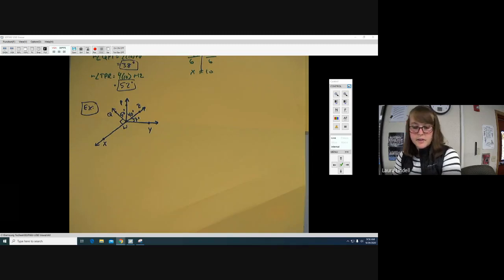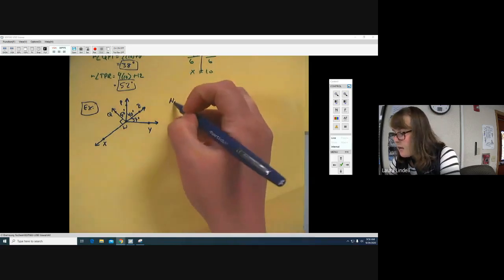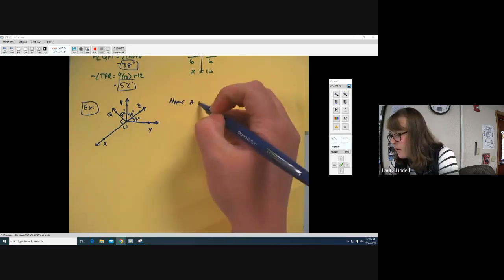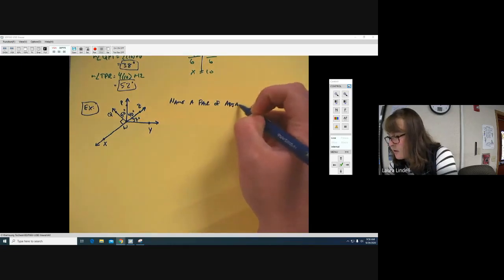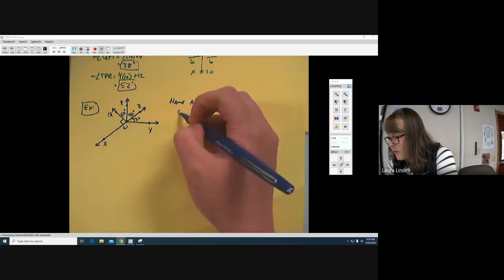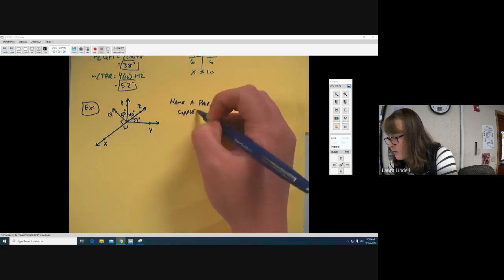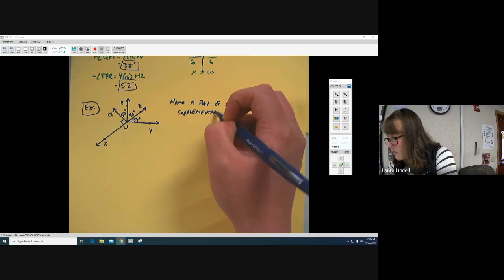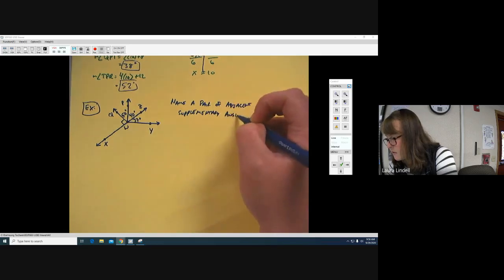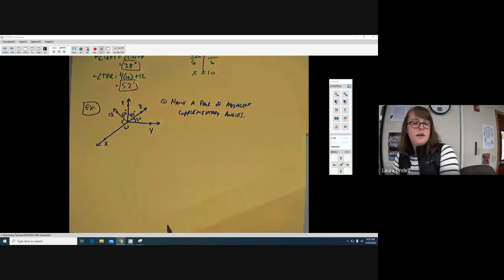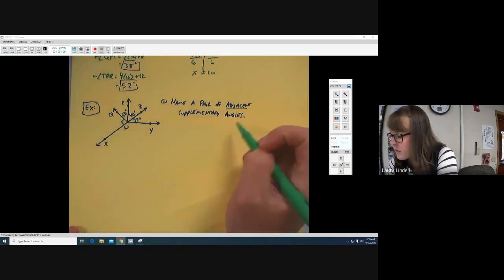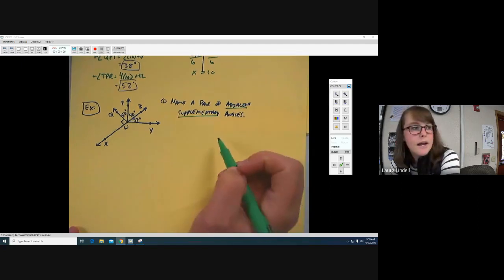So they could ask us something like, name a pair of adjacent supplementary angles. Okay, so that means we want them to be next to each other, and we want them to add to 180.